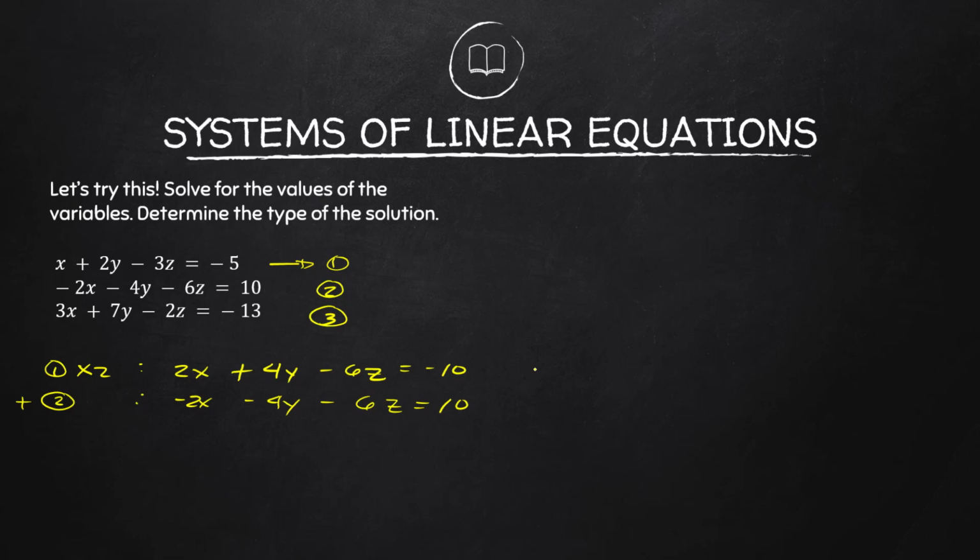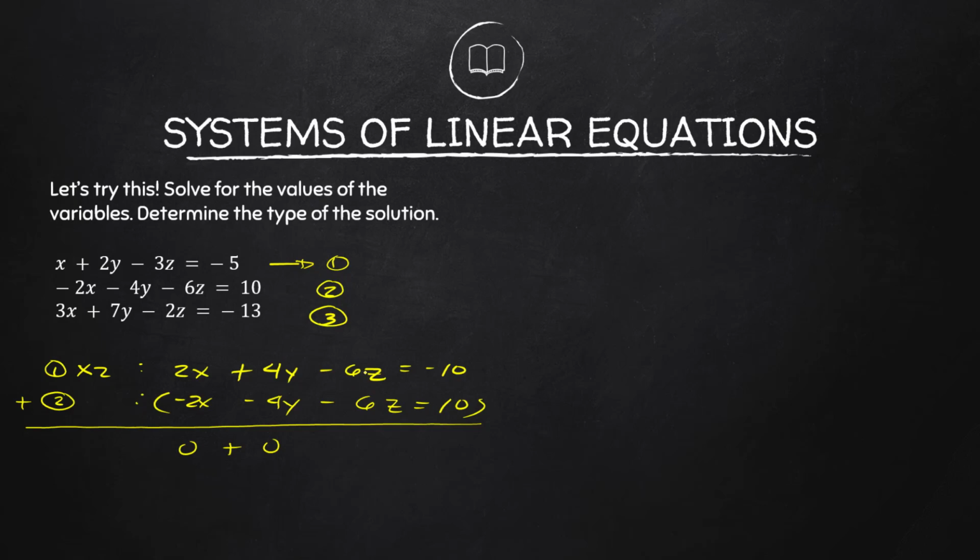And then what we are going to do is to add these two equations. 2x plus negative 2x is 0. Luckily, we can also eliminate this variable. So we have 4y plus negative 4y is also 0.